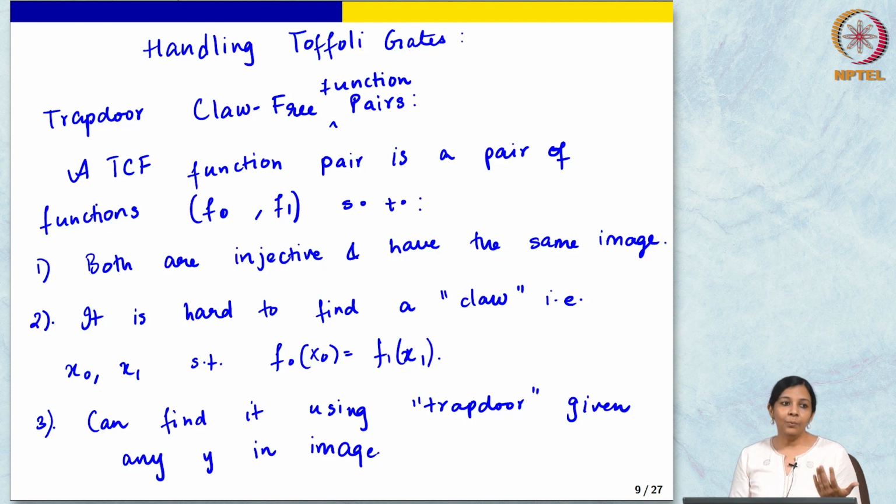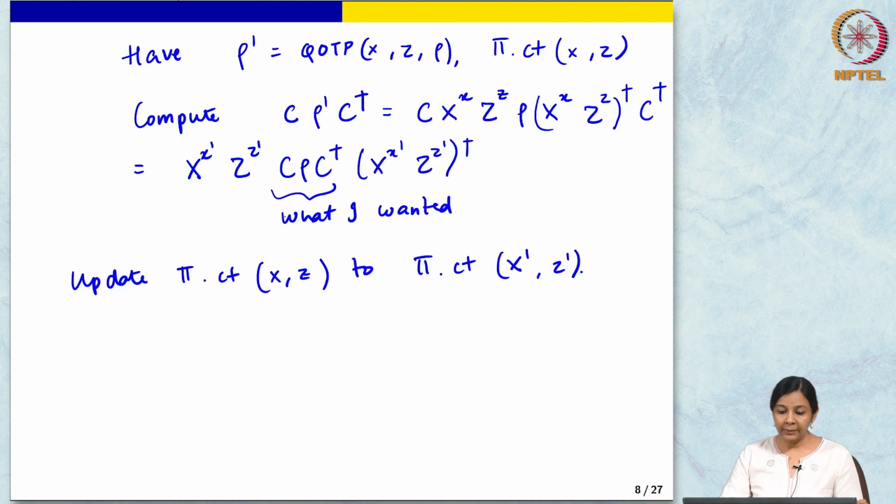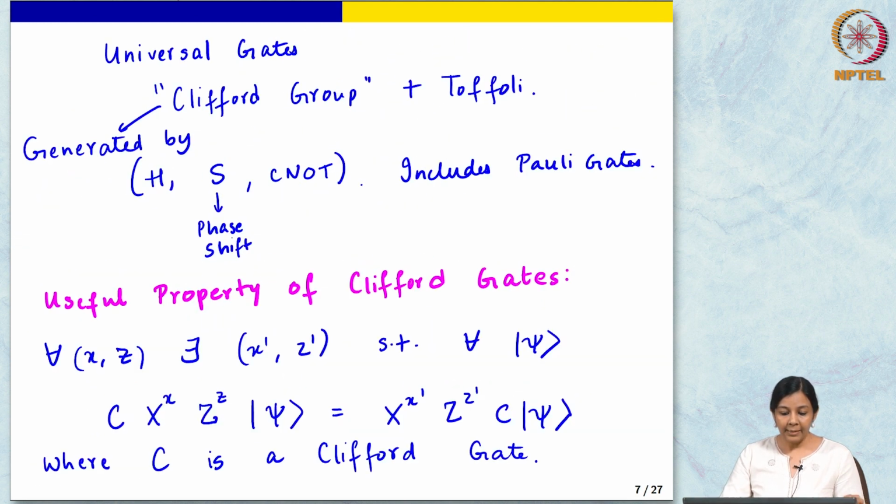So, we saw a little bit of a warm up towards this in last class. In particular we saw that for Clifford gates, the Clifford group, there is a nice property, right, this one over here at the bottom.